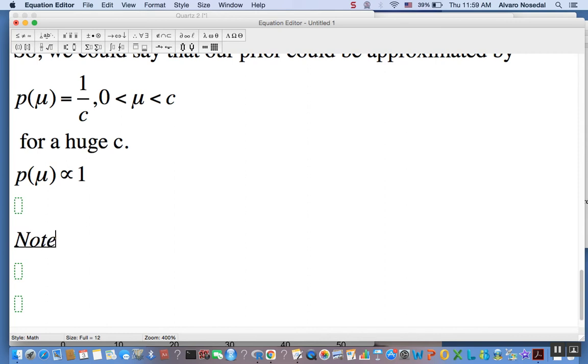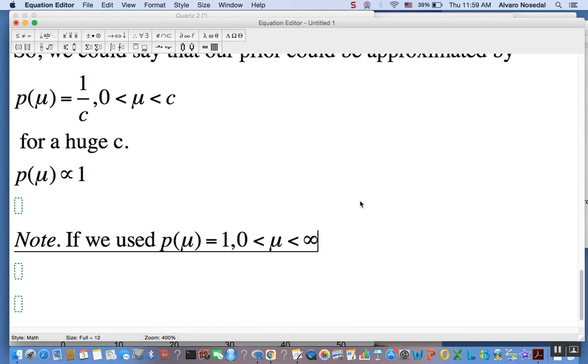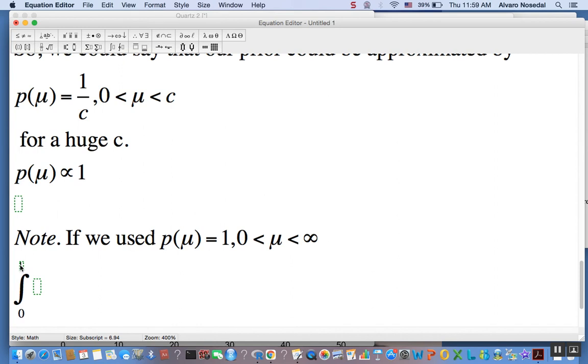Note if we used a prior that is p of mu equal to 1 over the interval from 0 to infinity, well, in that case, the following integral, the integral from 0 to infinity of our prior, this guy, with respect to mu, doesn't exist.